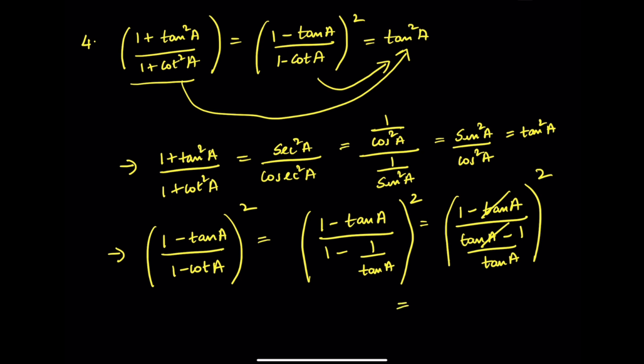So we will get the value as (1 by minus 1 by tan a), the whole square. So when we square a negative value, we would always get a positive one. So this will end up with tan square a. So this is how we can prove both the parts of the equation to be equal to tan square a.